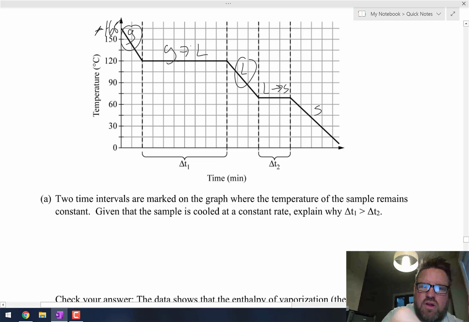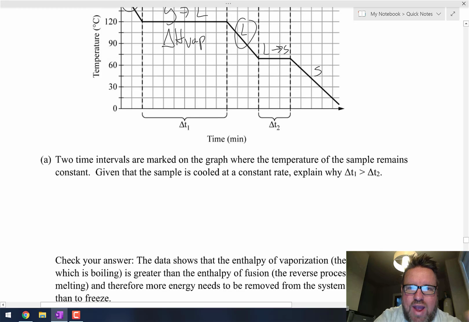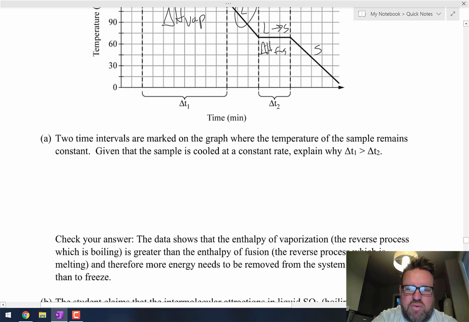Okay, so clearly this is showing that this is again, the enthalpy of vaporization in the reverse process, is greater than, what we would call here the enthalpy of fusion, again, the opposite direction, okay?